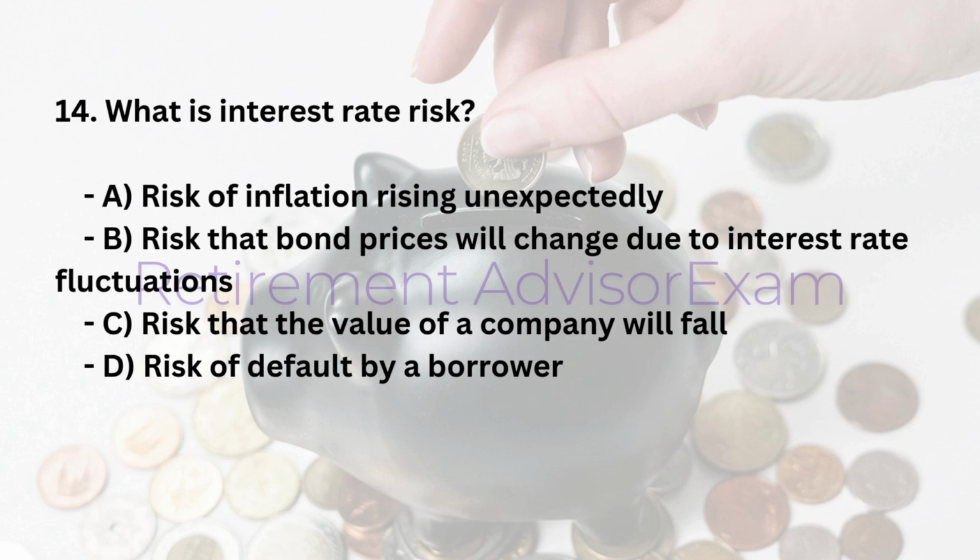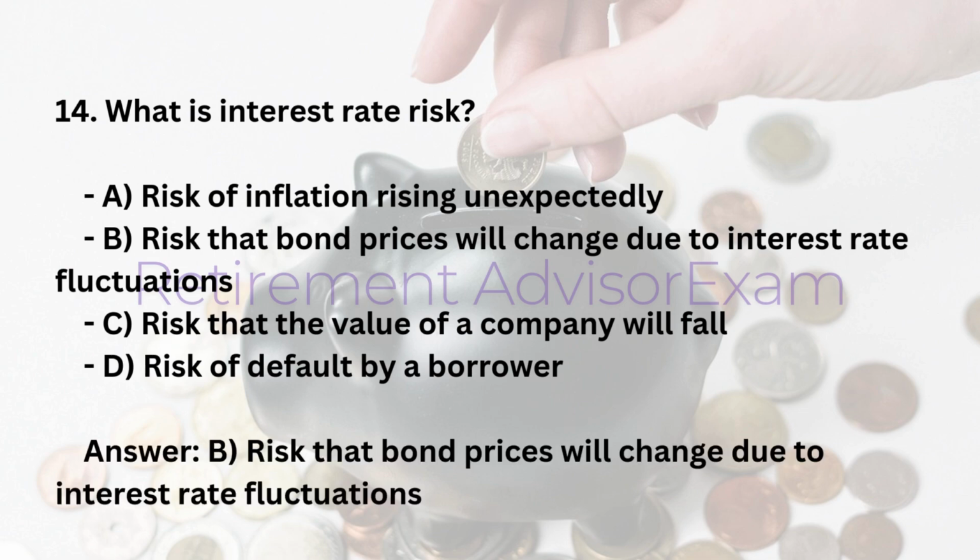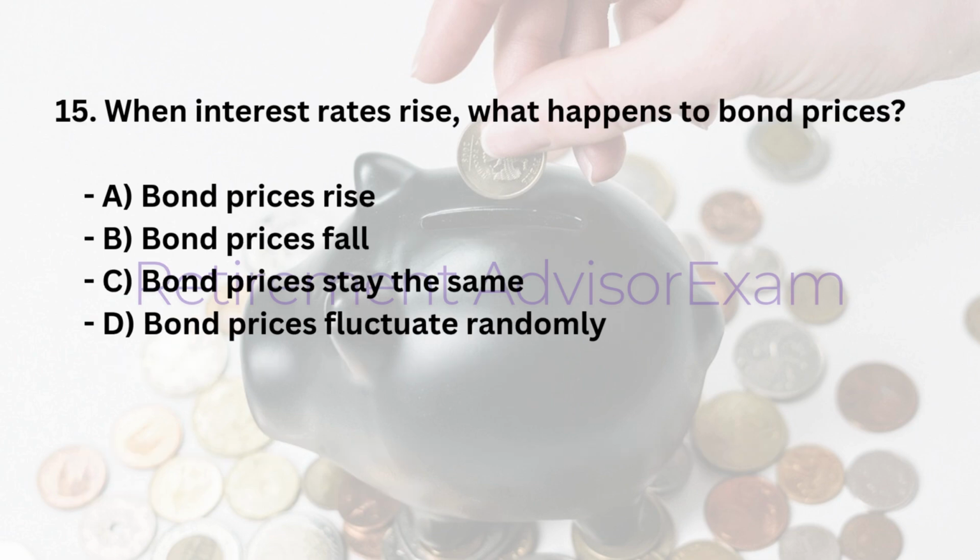14. What is interest rate risk? A. Risk of inflation rising unexpectedly. B. Risk that bond prices will change due to interest rate fluctuations. C. Risk that the value of a company will fall. D. Risk of default by a borrower. Answer: B. 15. When interest rates rise, what happens to bond prices?